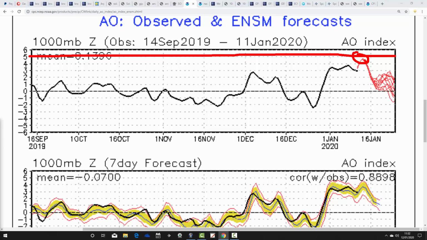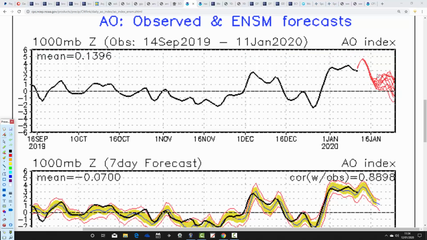After that, it does look as though into the second half of January, the Arctic oscillation is coming down. It looks like it's staying positive even into the second half of the month, but just not as insanely positive as it is through this first half of January. But overall, it still looks as though the Arctic oscillation will be trending on the positive side as we get through into the second half of January.